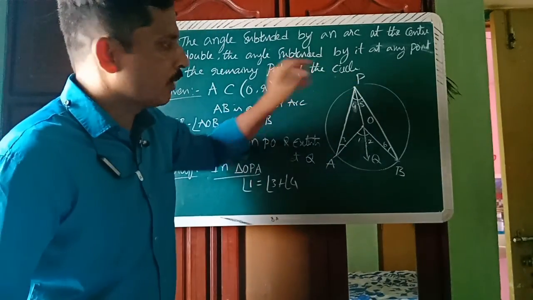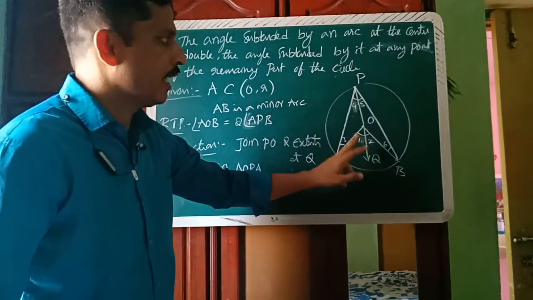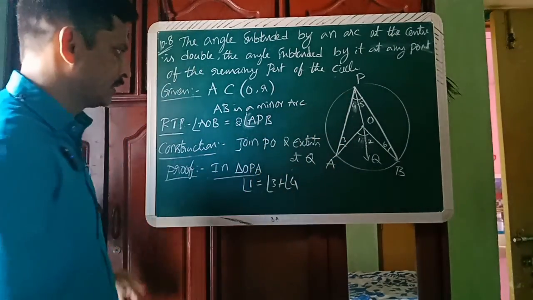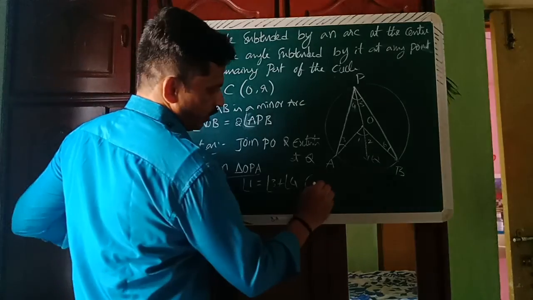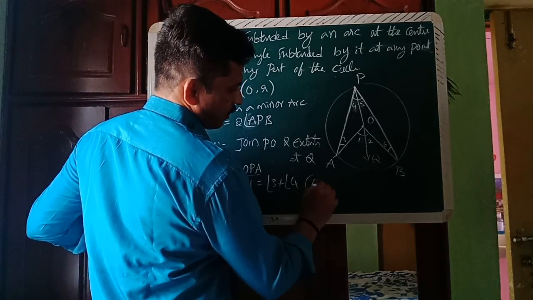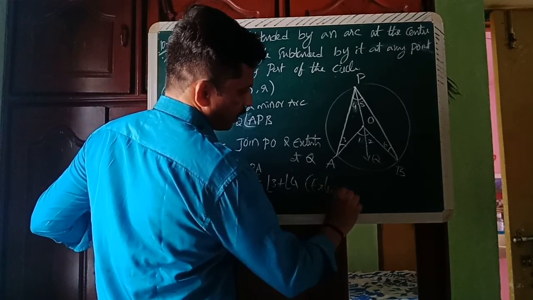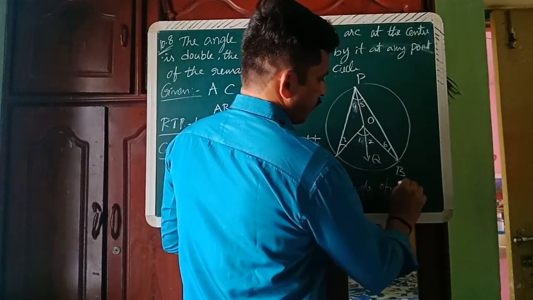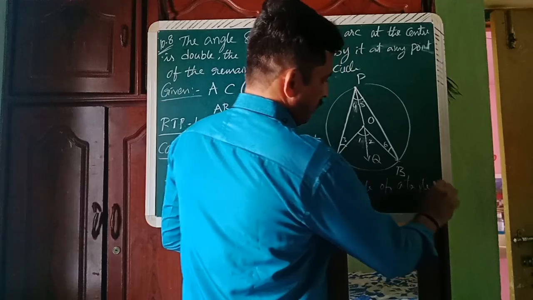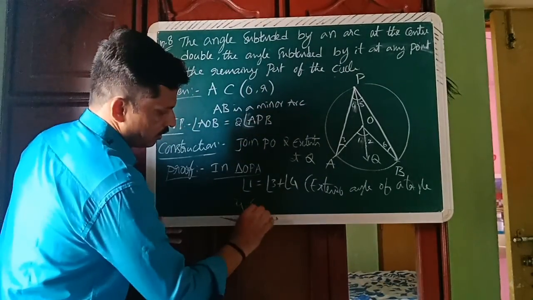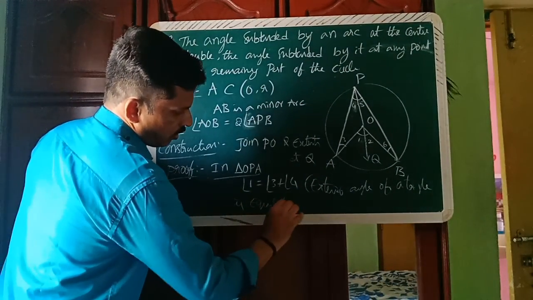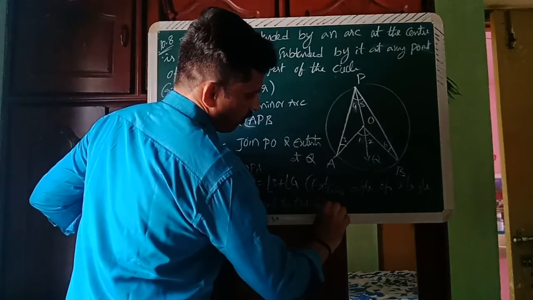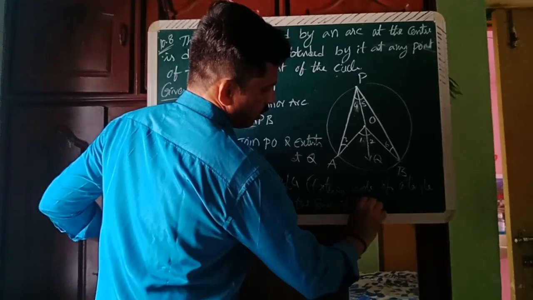The property: the exterior angle of a triangle is equal to the sum of two opposite interior angles.